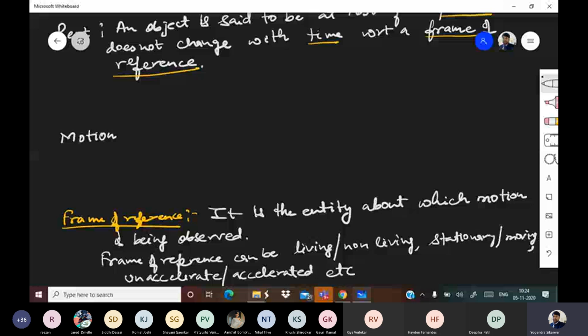So there can be various attributes of a frame of reference. It can be colorful, it can be without color also, though it is meaningless. Though it is meaningless, you can talk about that attribute also.